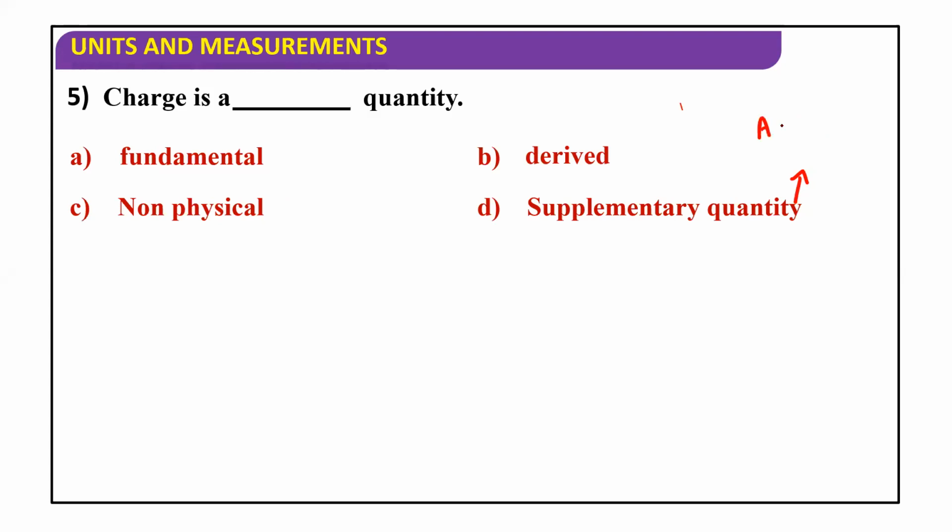One is angle, and in order to measure angle, there is a unit called radian. The other is solid angle, and in order to measure that, there is a unit called steradian. So these two are known as supplementary quantities. Okay, so we'll move back to the question.